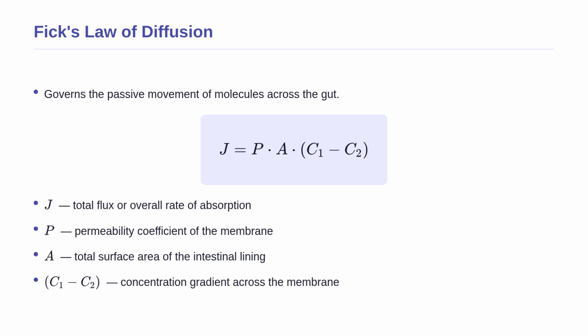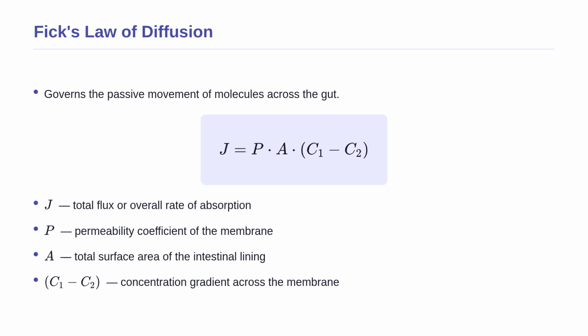To understand how the physical structure of the gut maximizes this absorption, we rely on Fick's law of diffusion. Conceptually, this formula explains how passive absorption depends on the physical properties of the gut. J is the total flux, or how much nutrient is actually absorbed.